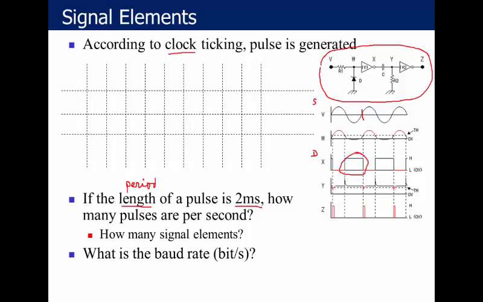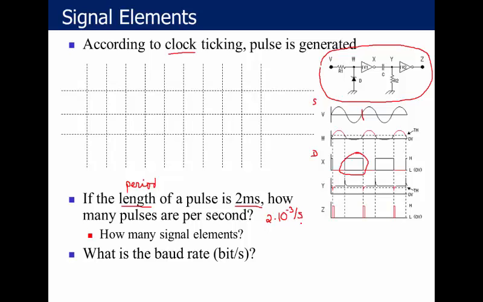In our terminology that we learned earlier, the period of a pulse is 2 milliseconds. Then how many pulses are generated per second? 500 pulses. Millisecond is 10^-3 seconds.